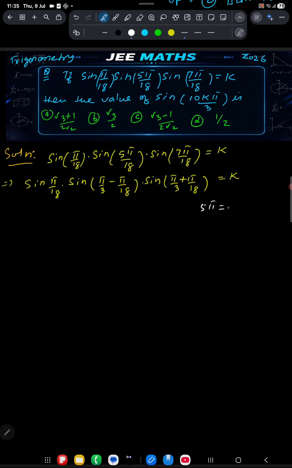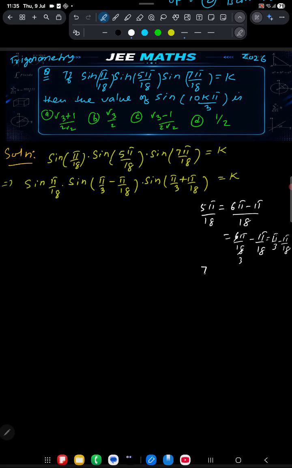5 pi by 18 can be written as 6 pi minus pi over 18. So it can be written as 6 pi by 18 minus pi by 18. 6 threes are 18, so pi by 3 minus pi by 18.